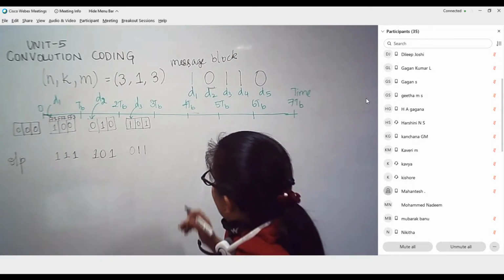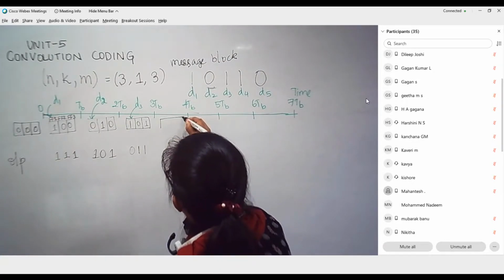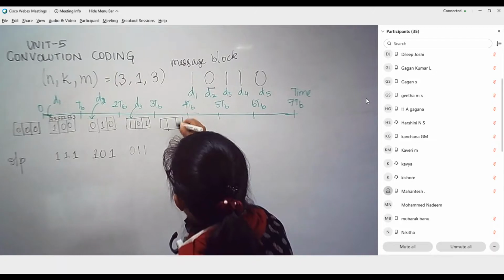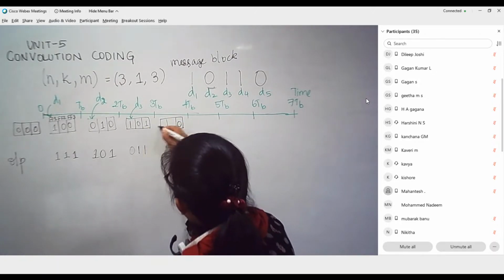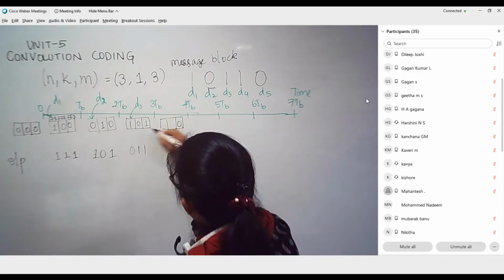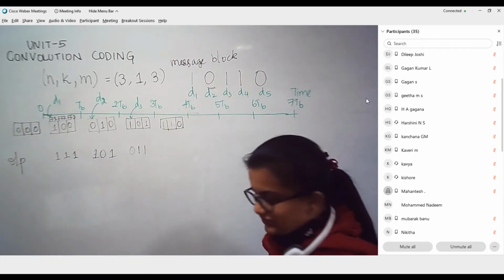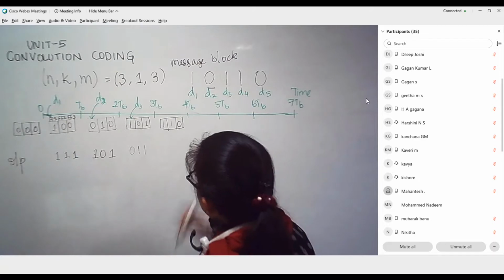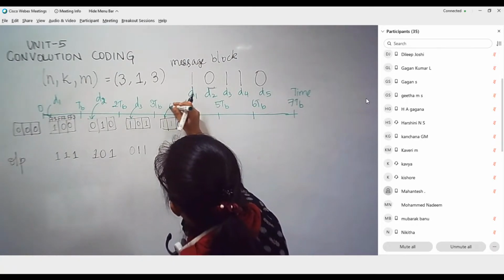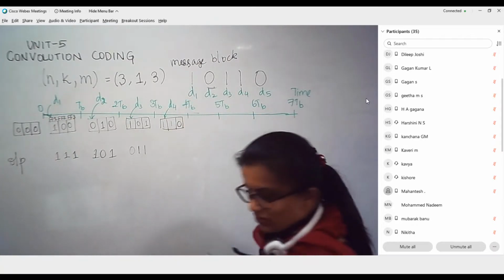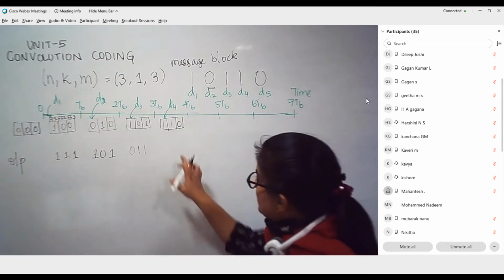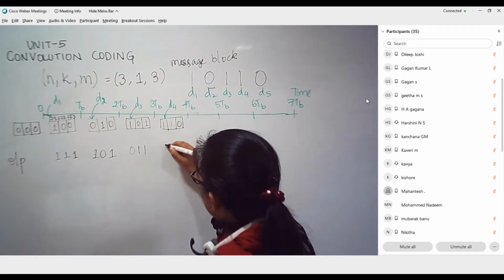Now the fourth bit is going to appear. When the fourth bit appears, 1 gets pushed out, and then 1, 1, 0 gets filled in. So this happens to be D4. Then you tell me what will be the output.